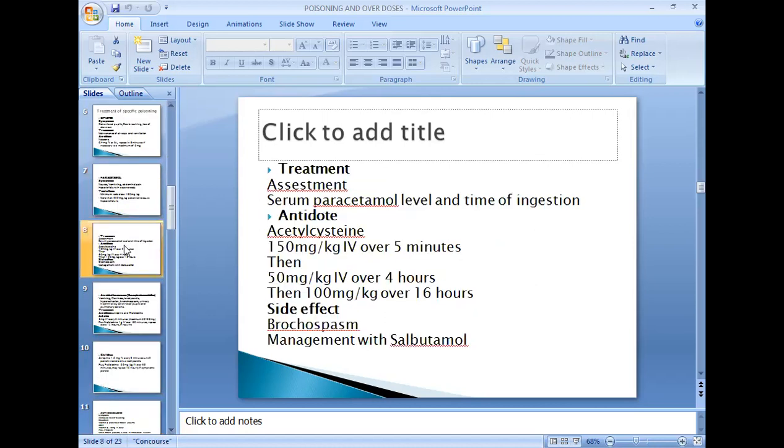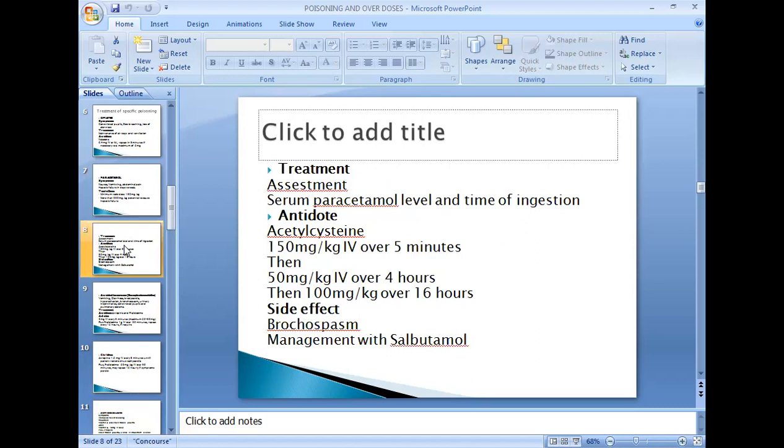For treatment, we have an antidote, acetylcysteine, and we have to assess the risk of hepatic failure, which is based on serum paracetamol level and time of ingestion.